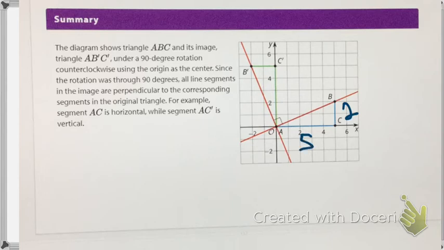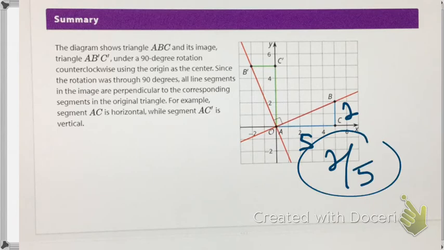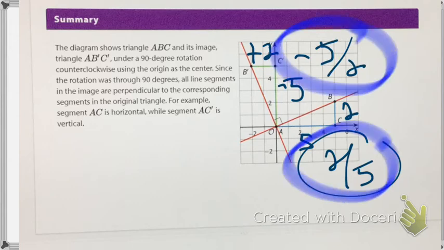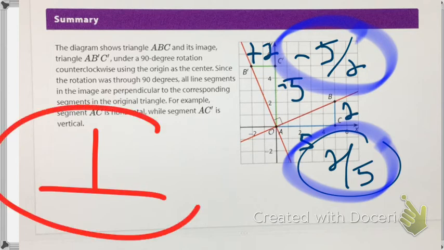So that has a slope of 2/5. And then over here you see that the change in y, it goes down 5 and still positive 2. So that's a slope of negative 5/2. That's opposite reciprocal, perpendicular lines, and that's the way it is. That's all there is to it.